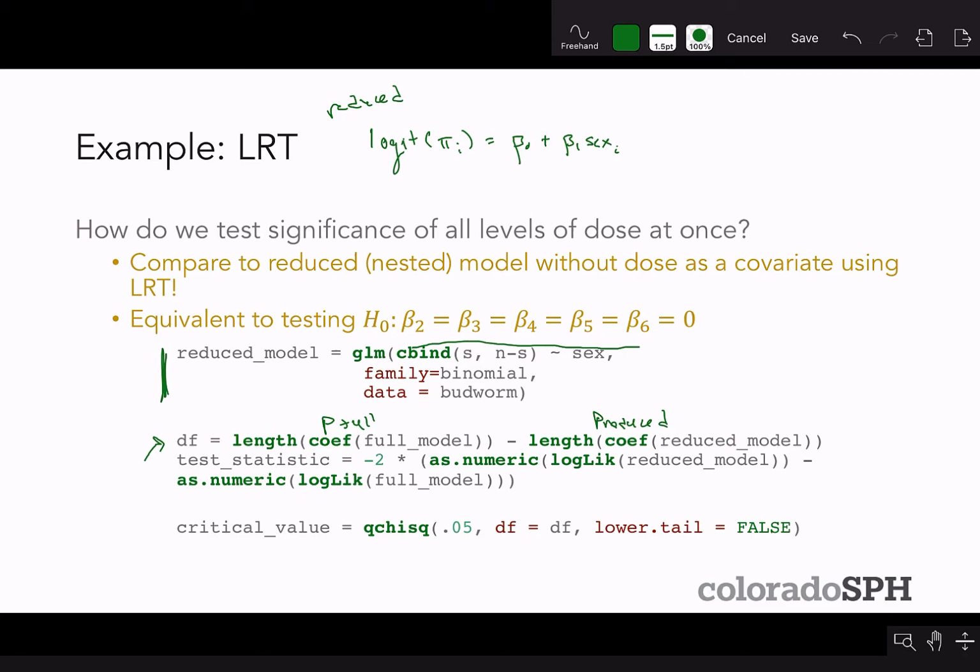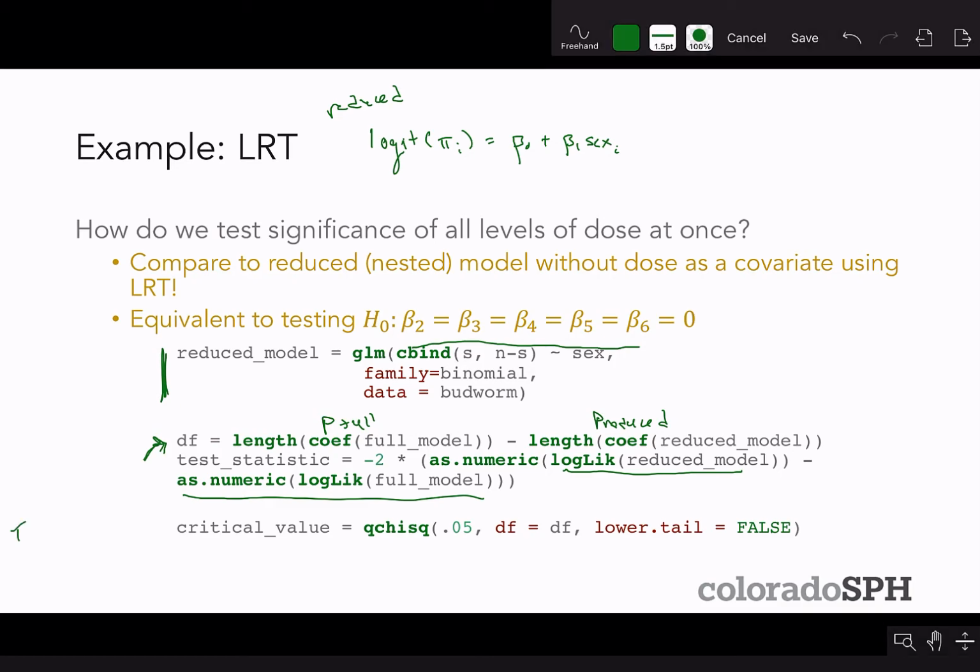In this case that is 5, because the 5 dummy variables for dose are in the full model but not the reduced model. Then our test statistic is the log likelihood of the reduced model minus the log likelihood of the full model, times -2. So we calculated the degrees of freedom and the test statistic here.